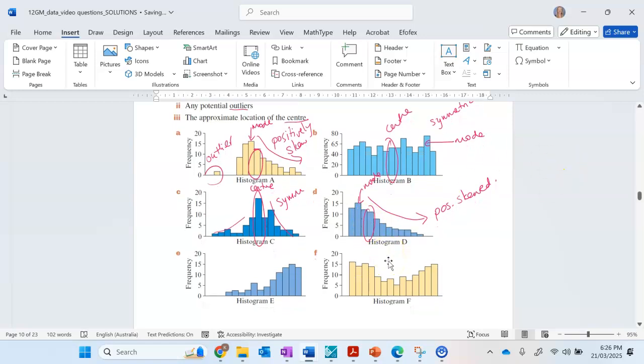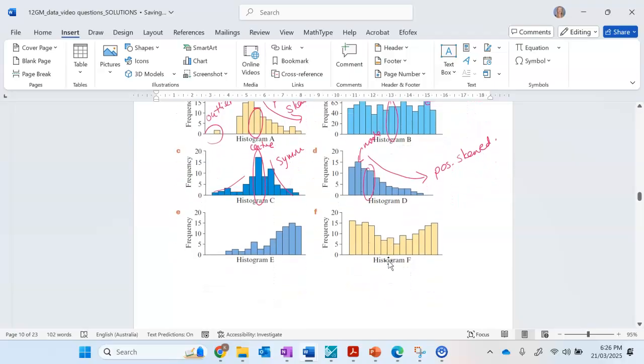I'm just approximating its location. All right, so for E, I can see it's skewed and it's going in the negative direction, so it's negatively skewed. No outliers. Your highest point is here. There's your mode, and your center is probably going to be around here somewhere.